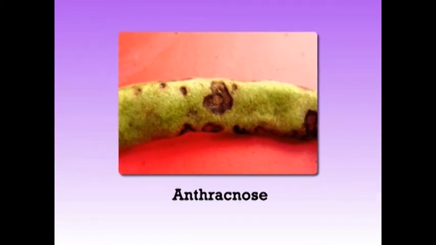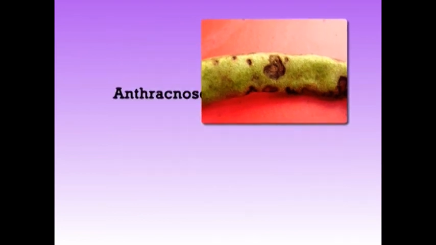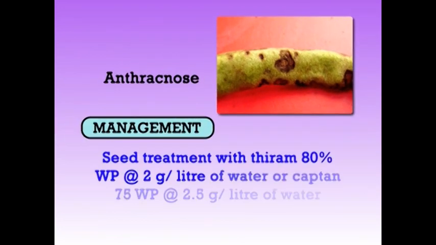Next one is anthracnose. Seed treatment with Thiram 80% WP at the rate of 2 gram per liter of water or Captan 75 WP at the rate of 2.5 gram per liter of water.